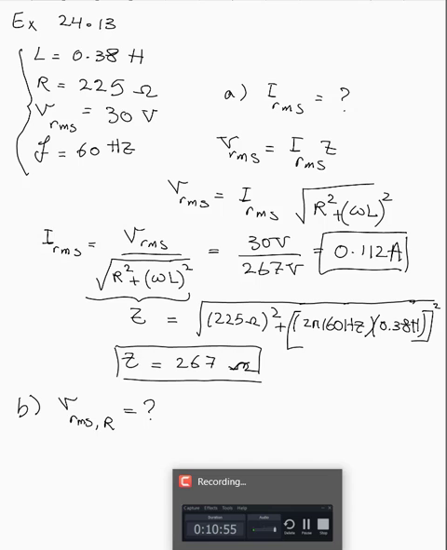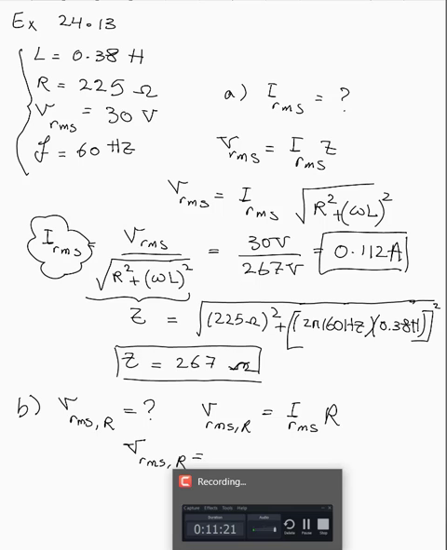Part B is asking for the RMS voltage across the resistor. For the resistor alone, the voltage across it is going to be the current through the resistor times the resistance. Since I have found the total RMS current in the circuit in part A, I can just plug it in here.